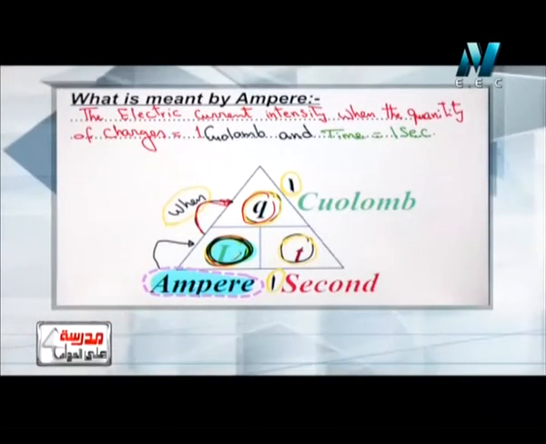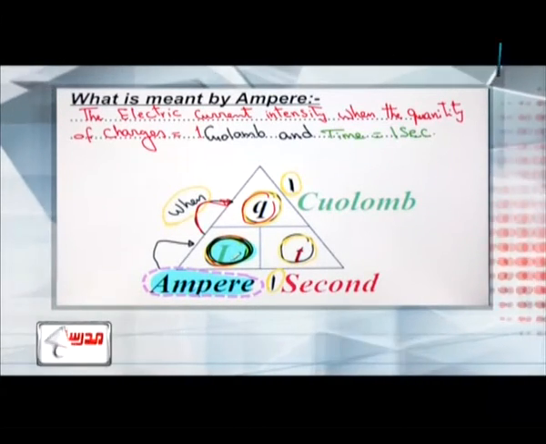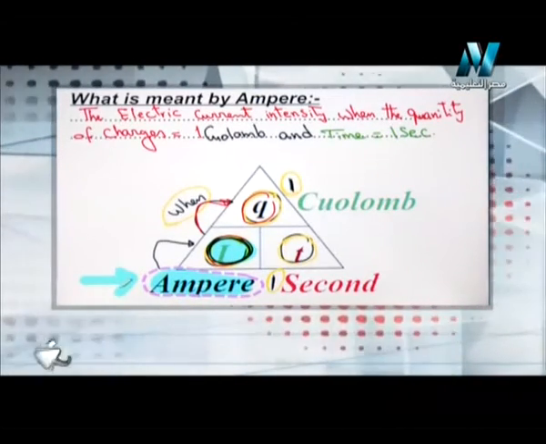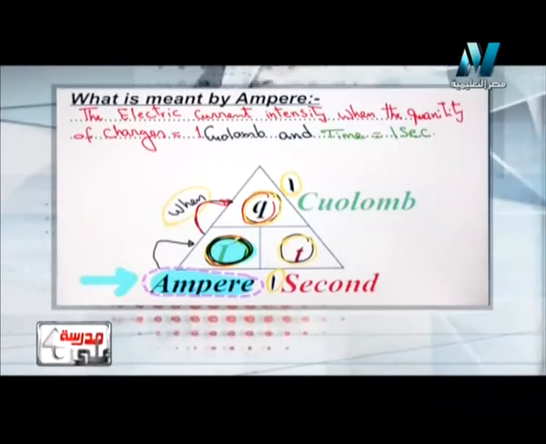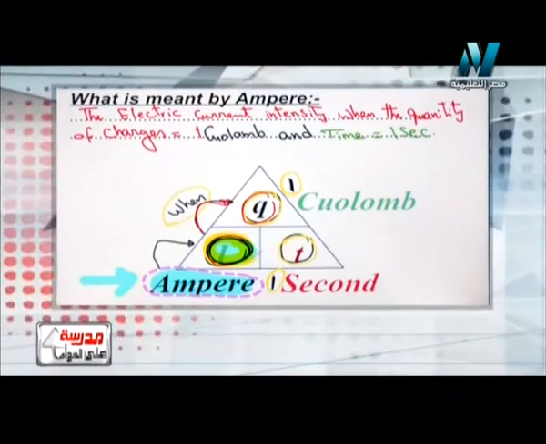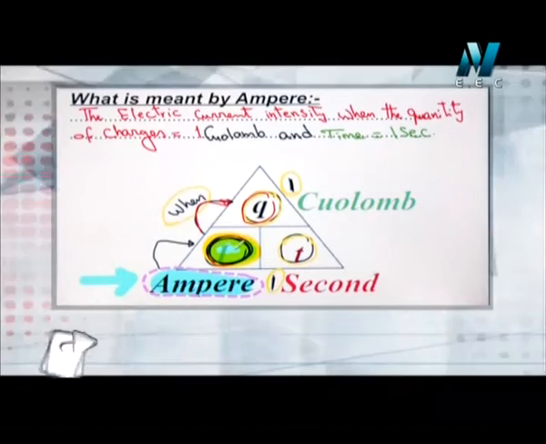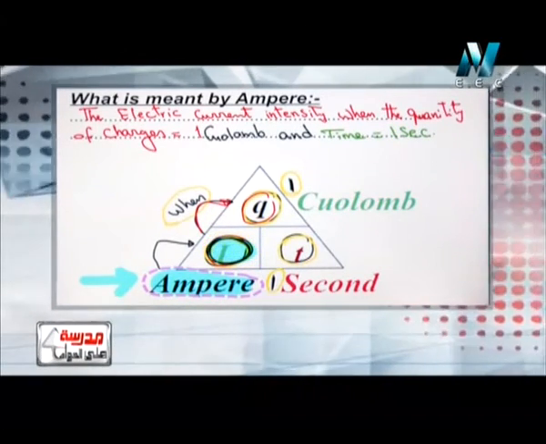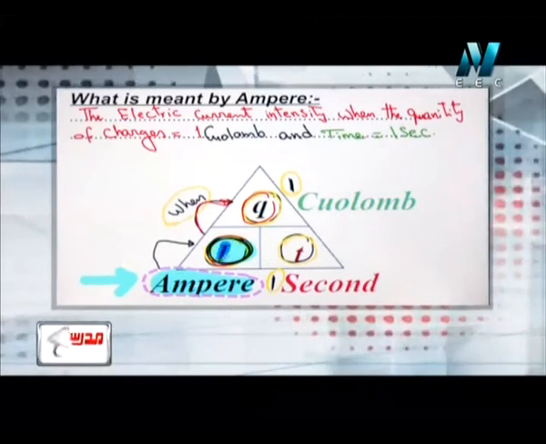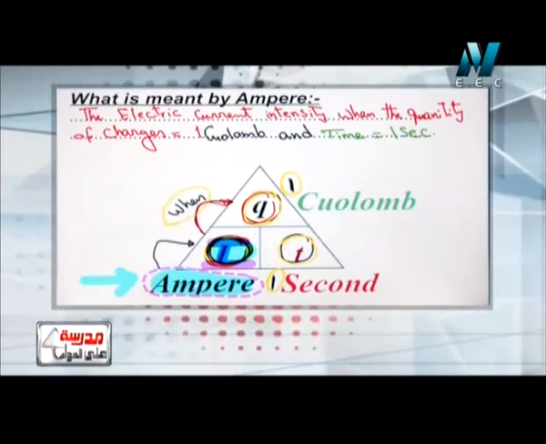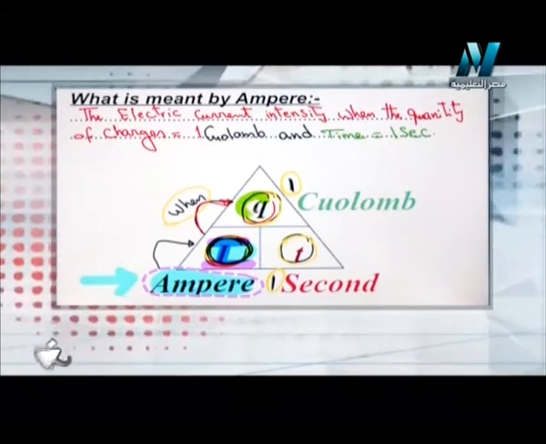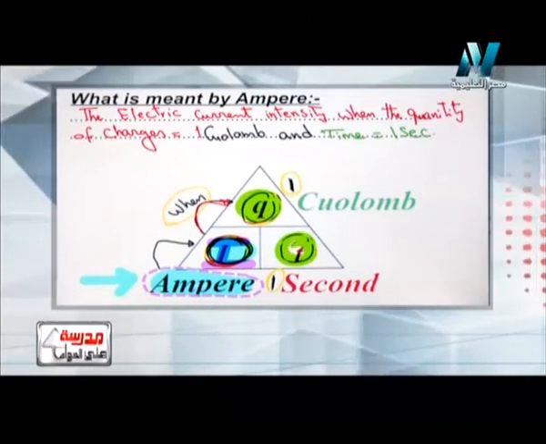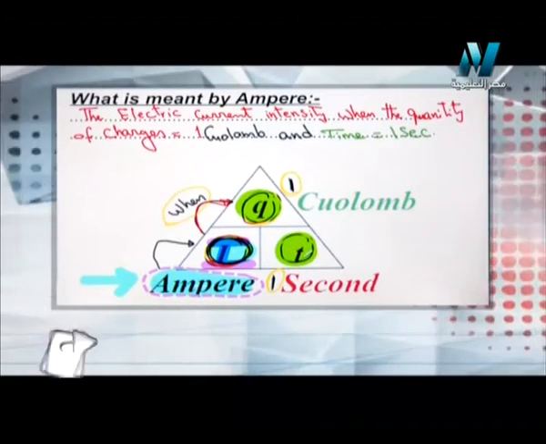When he asks about something outside the triangle, like ampere, I tell him what is inside and what is outside the triangle. So what is he asking me about now? What is meant by electric current intensity, which is I. I say electric current intensity, I, it is the quantity of charge passing through time unit.